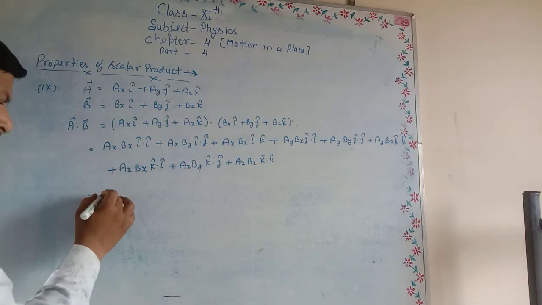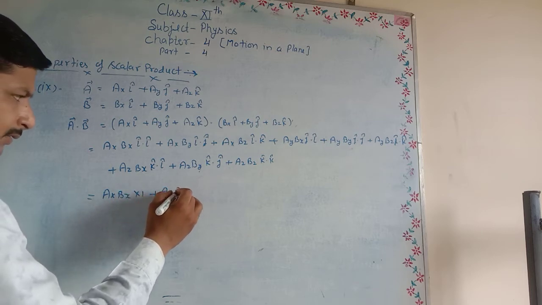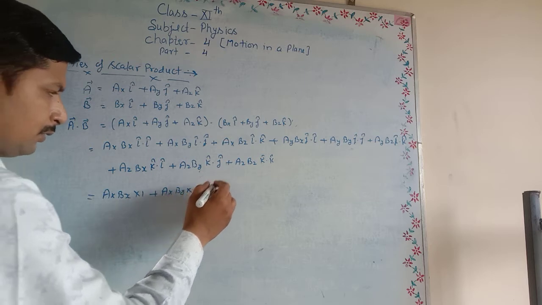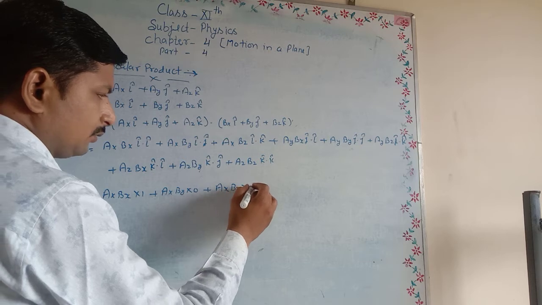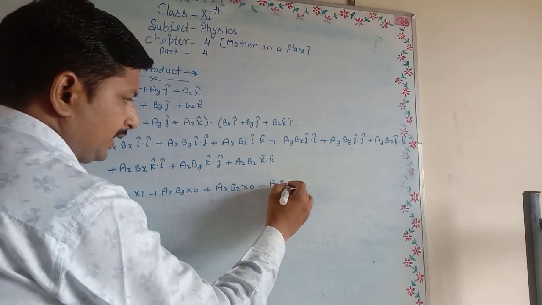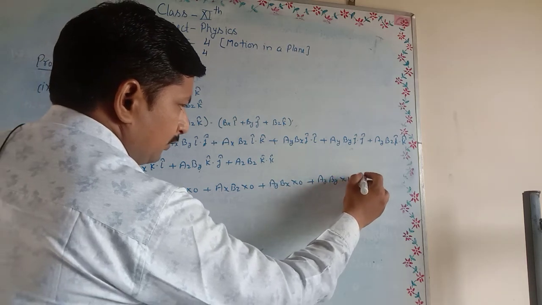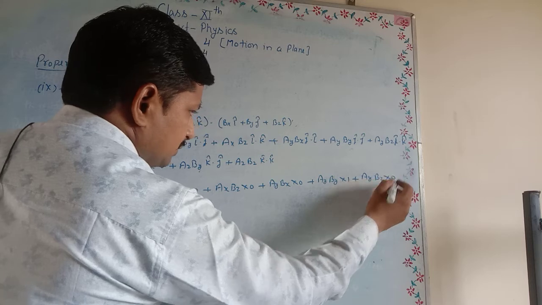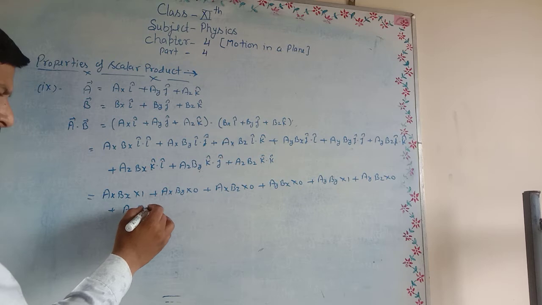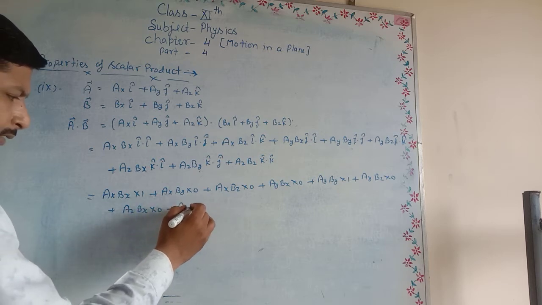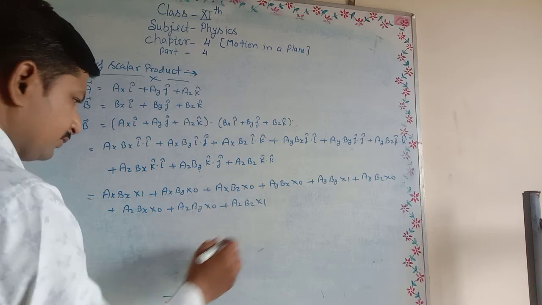Then Ax Bx into 1, Ax By into 0, plus Ax Bz into 0, plus Ay Bx into 0, plus Ay By into 1, plus Ay Bz into 0, plus Az Bx into 0, plus Az By into 0, plus Az Bz into 1.